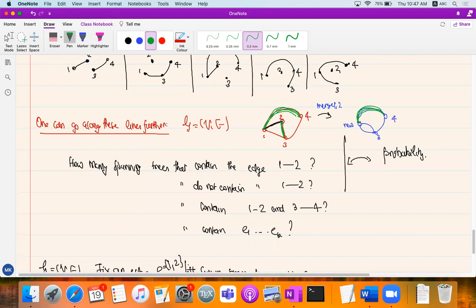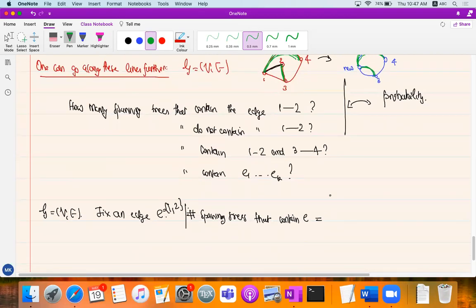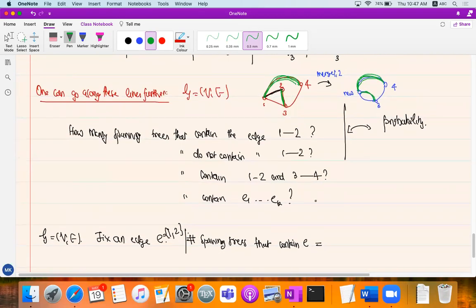And 2, 3 is this edge. So after this merging, it is just a spanning tree of the new graph. Except you have to be slightly careful to take into account these multiple edges, so you have to go to the weighted situation.